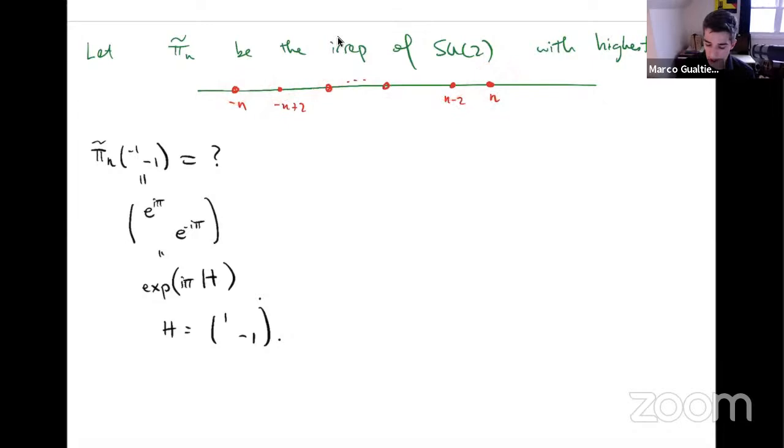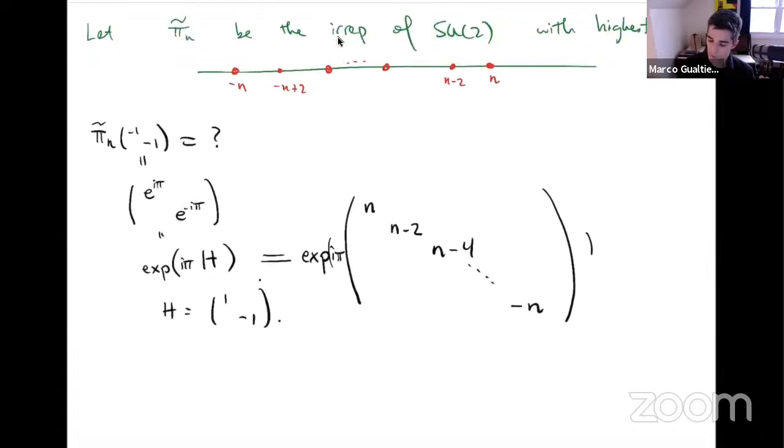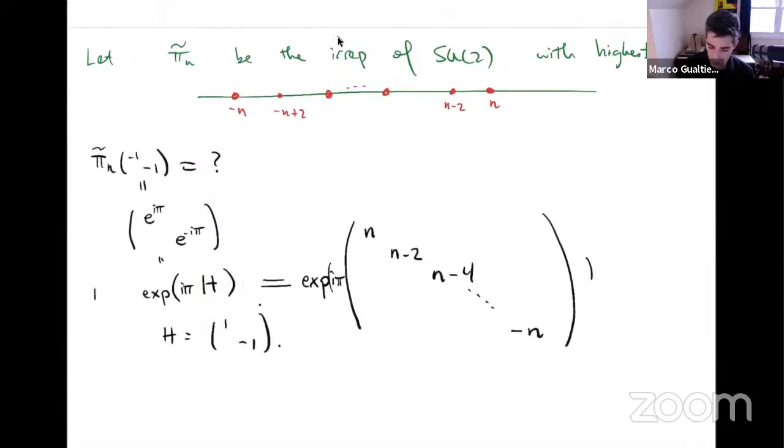So I can immediately write what this is: the exponential of i pi times n, n minus 2, n minus 4, all the way down to minus n. Sorry, so now I'm writing pi n tilde of this.